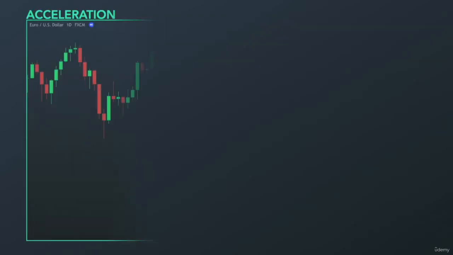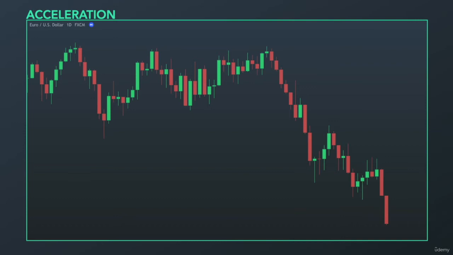Another example, EURUSD daily time frame. So price consolidated for a while and then impulsively moved to the downside. So again, this is our acceleration. So if you did not enter from this breakdown, let's say from here, you've already missed the move.